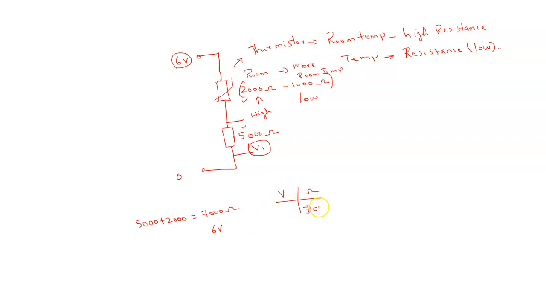Total resistance 7000 ohms and voltage 6, and I want to find it for 5000, x. Cross multiply. 7000x is equal to 6 times 5000, so x is 6 times 5000 divided by 7000.